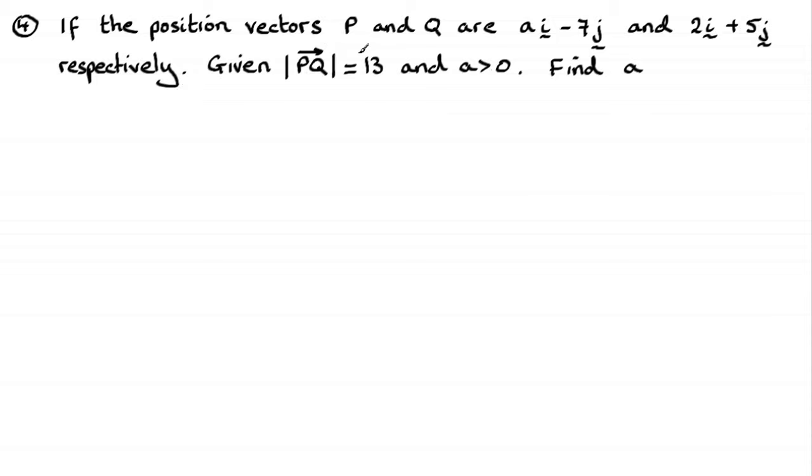Given that this thing, I'm not going to say what it is, this thing equals 13 and a is greater than 0, find a, okay? I'll tell you what this thing is later on, okay, if you haven't guessed. You should be familiar with this notation.